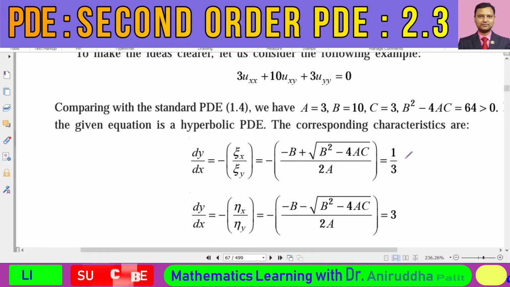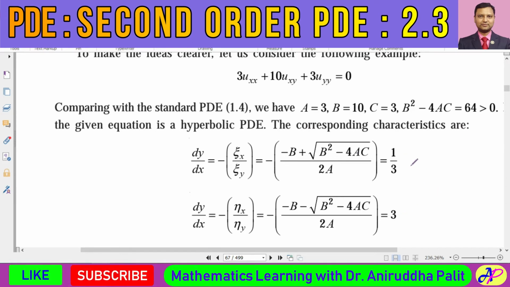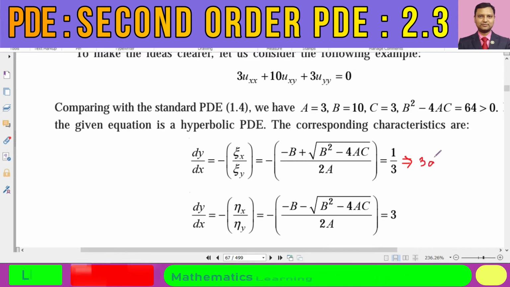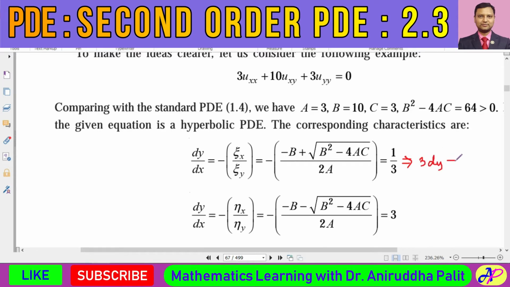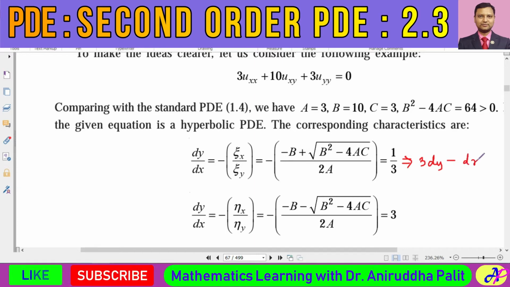Here dy dx from the first ratio is equal to 1 by 3, and dy dx from the second ratio is equal to 3. Now you can write the first expression as 3 dy minus dx is equal to 0.